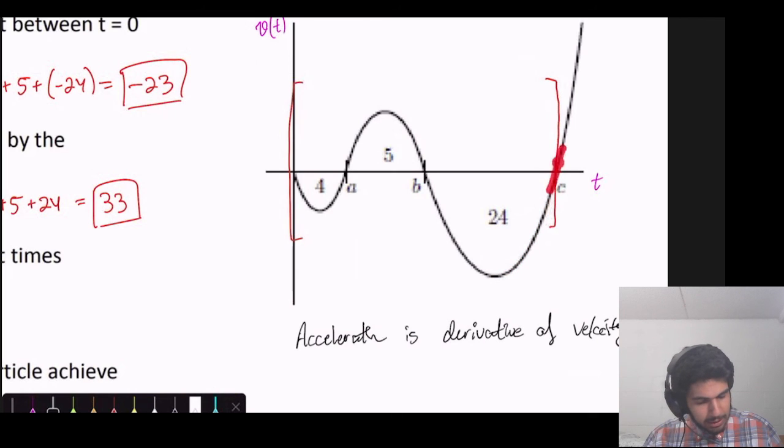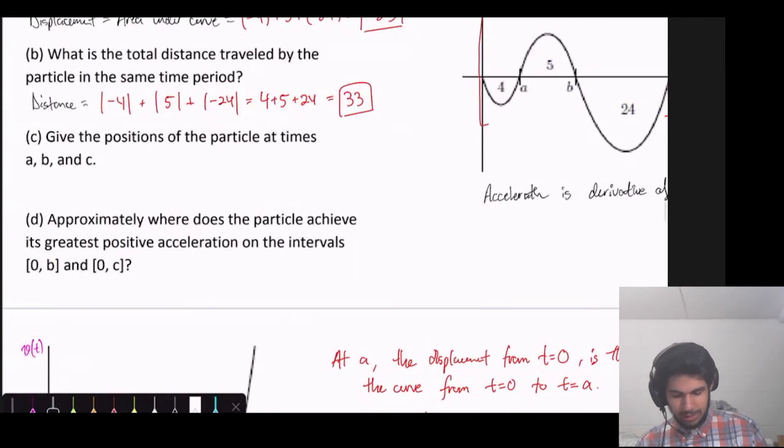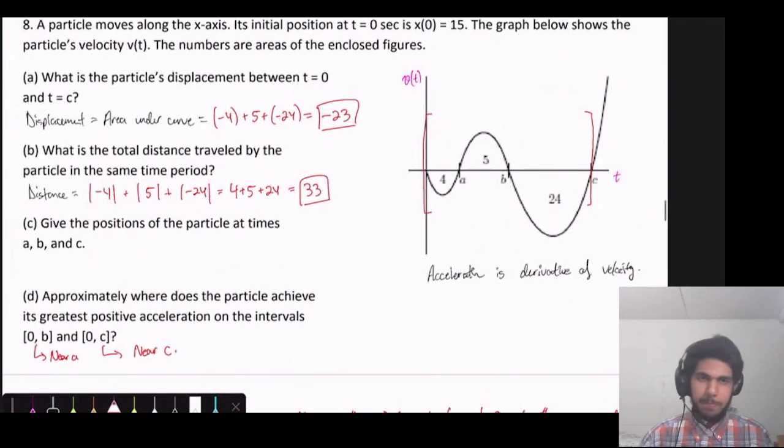And towards the end here, the slope gets pretty steep, and if we compare it to A, perhaps at point C, it's a higher slope. So maybe we would expect the acceleration to be greatest near C. So here, for 0 to B, it would be near A, and for 0 to C, it would be near C. Right? We're just approximating where it would be.